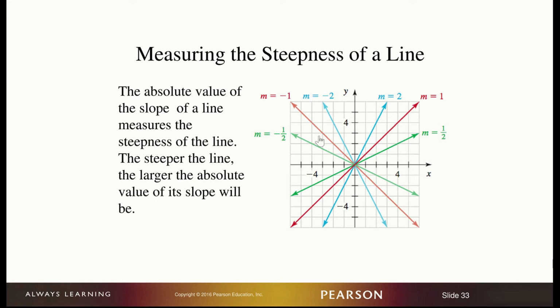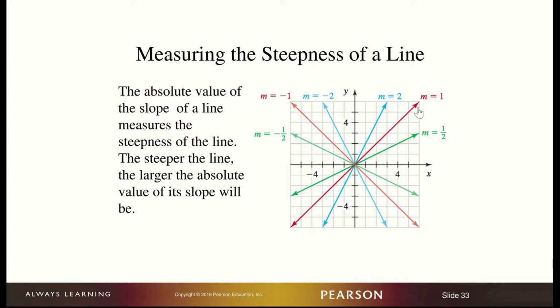Here we can see, notice these two have opposite values, but their absolute values are the same, right? So they would pretty much indicate the same kind of steepness. Think of it this way: if you were to climb this particular line going up like this, or climb this one going up from this direction, you would be dealing with the same exact level of difficulty.